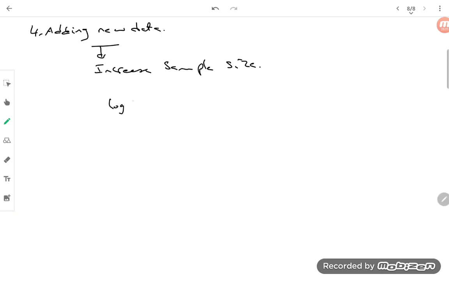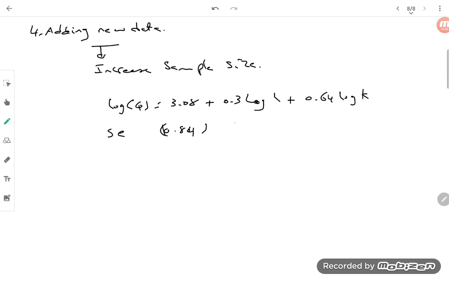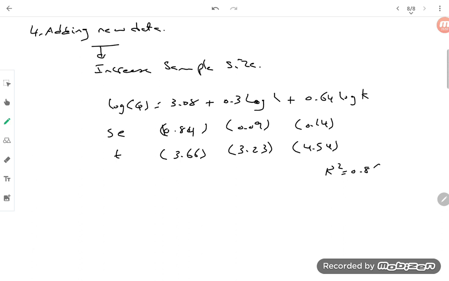After estimation, this is the model after re-estimation using a greater number of observations.